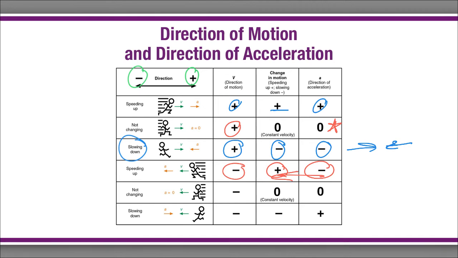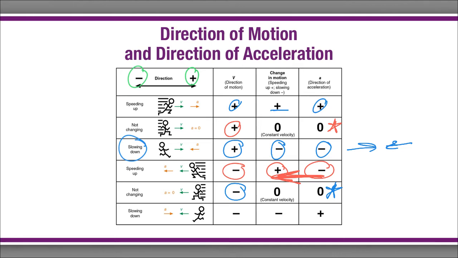Doesn't mean you're slowing down, it just means you're accelerating in a different direction, okay? Now, again, if you are moving in the left direction, your velocity is negative. You're moving at a constant velocity, so again, your acceleration is now 0, right?